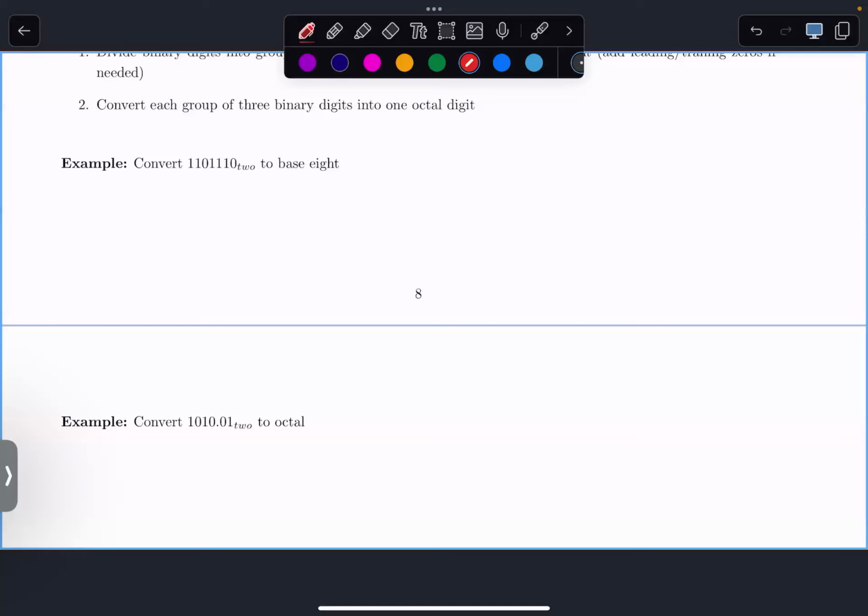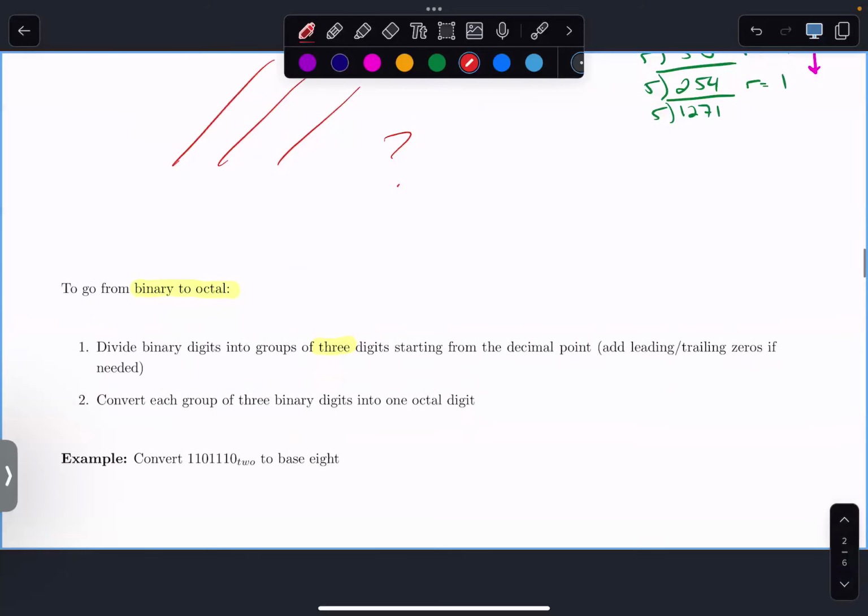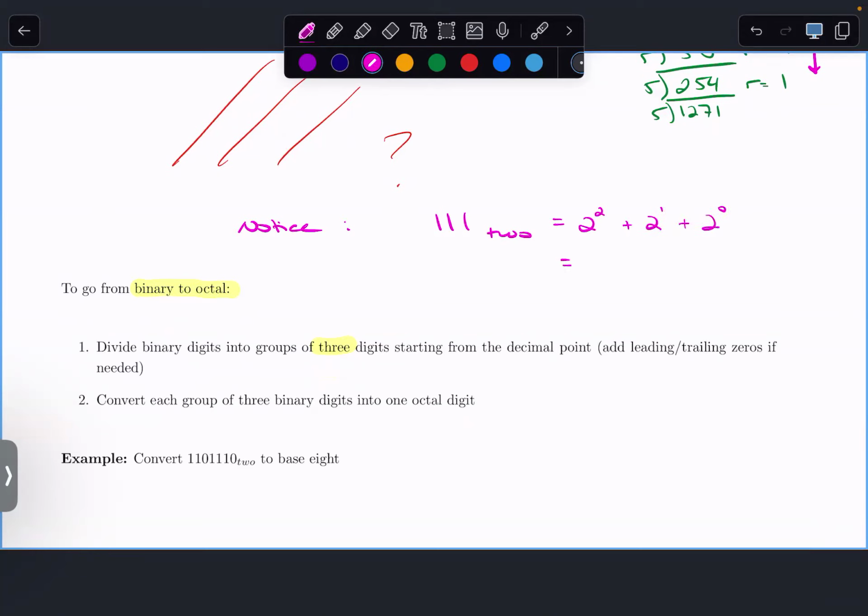Let's see here. I know what I can use this space for. Notice 1, 1, 1 base 2 is 2 to the 2 plus 2 to the 1 plus 2 to the 0, which is 4 plus 2, which is 6 plus 1. Did I do that wrong?